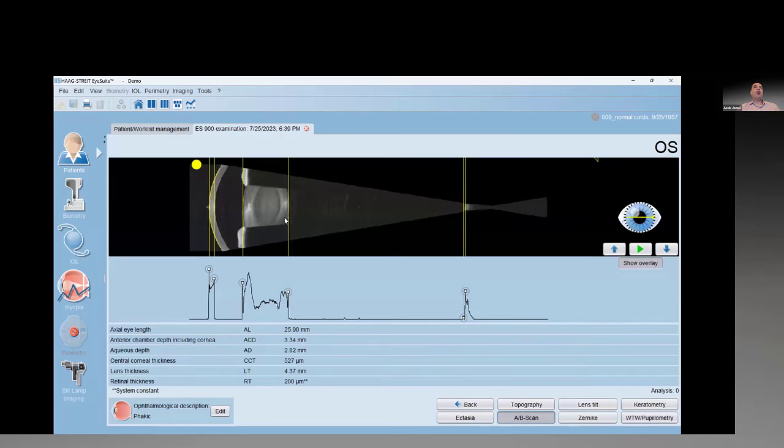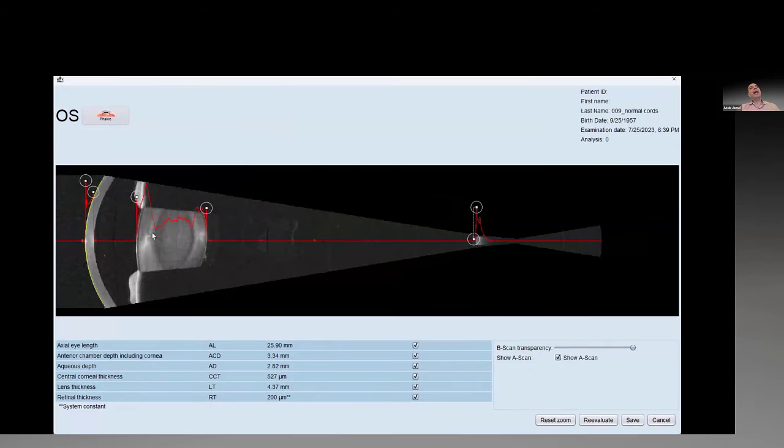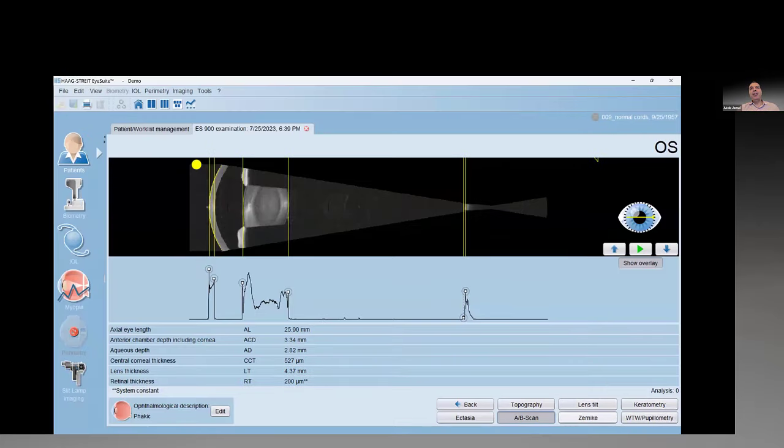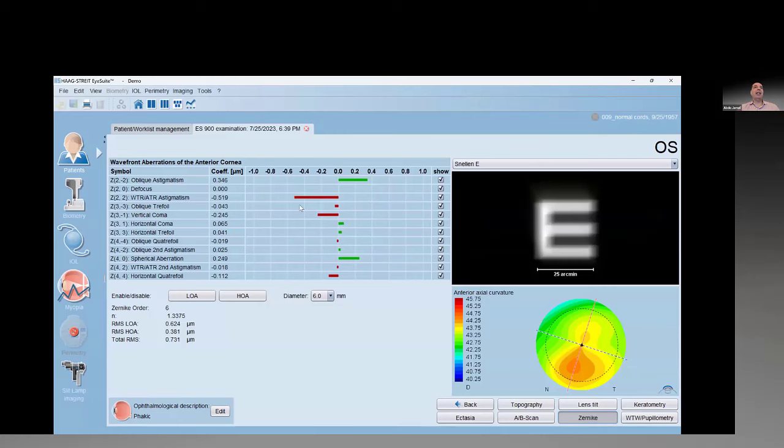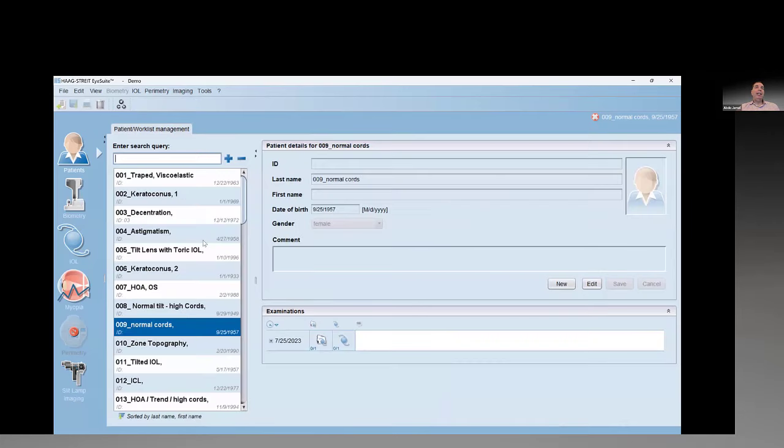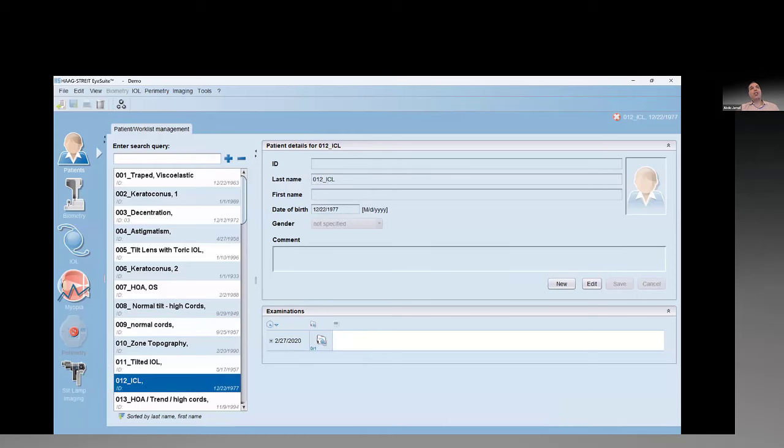A-B scan, I see the A scan and the B scan, and then I can superimpose the A scan on top of the B scan. Finally, the Zernike analysis, I have an idea about the aberration, the vision simulation, and it also shows the corneal topography.